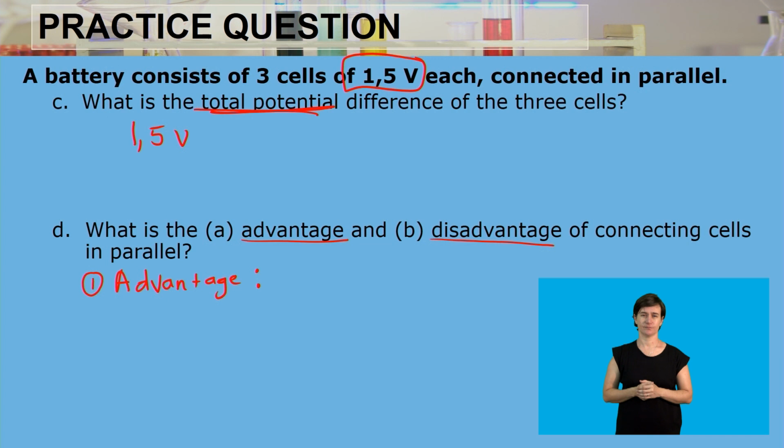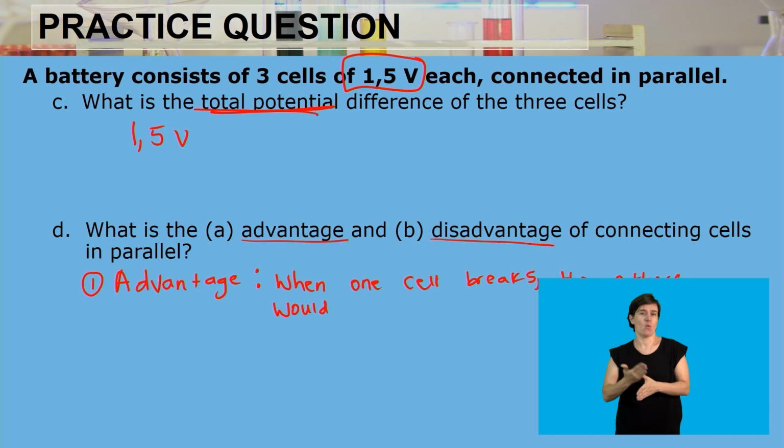The advantage of connecting cells in parallel would be that when one cell breaks, the others would still supply the same amount of energy.